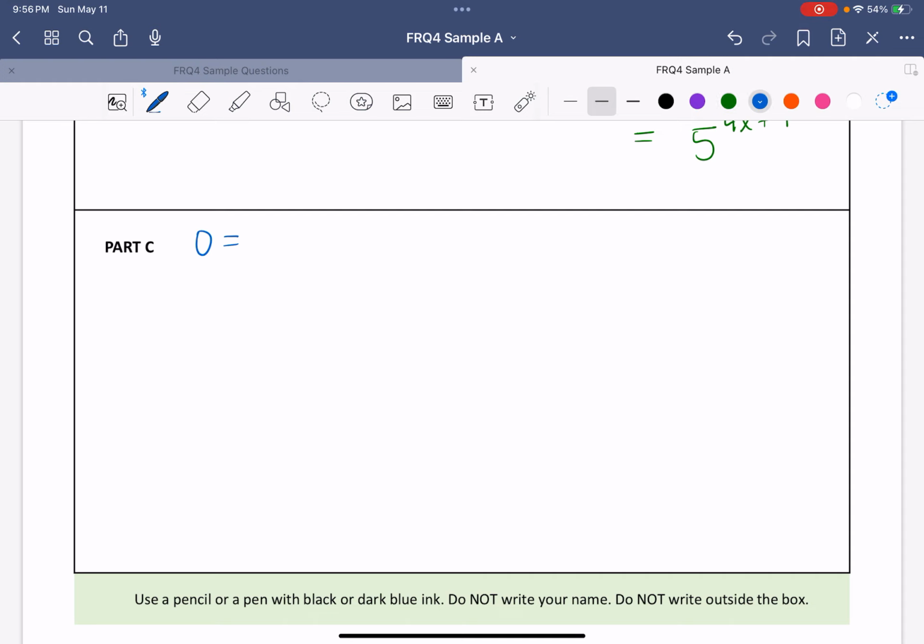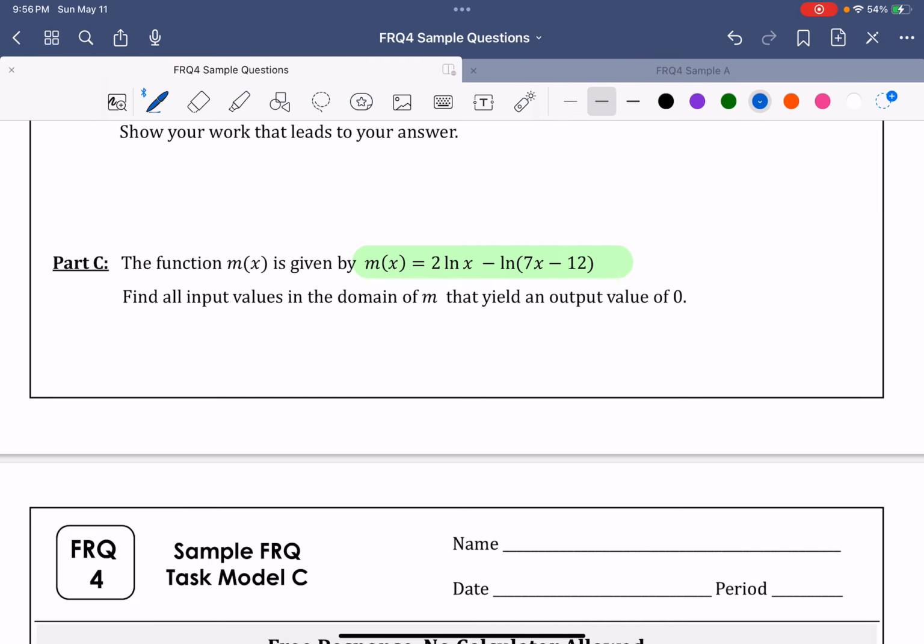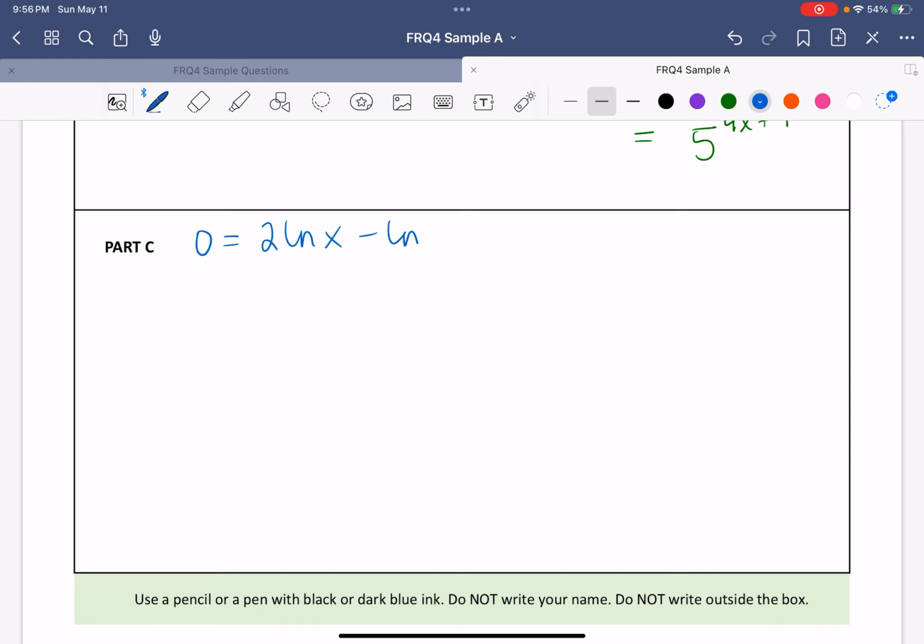0 equals 2 natural log of x minus natural log 7x minus 12. Okay, so properties of logarithms. When you have a constant in the front, that becomes an exponent.